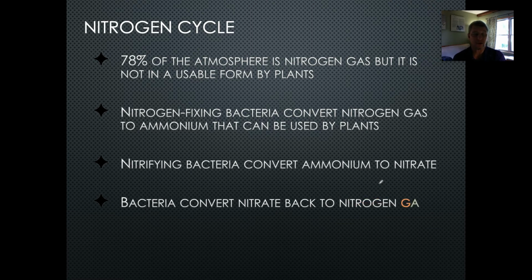And then finally, there's another kind of bacteria that takes the nitrate and converts it back into nitrogen gas and emits it into the atmosphere through a process called denitrification.